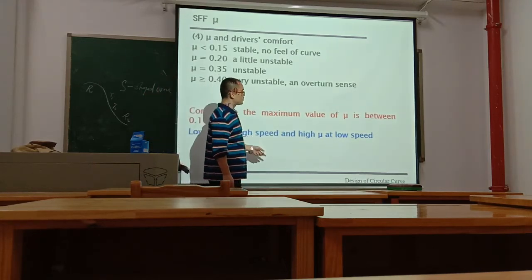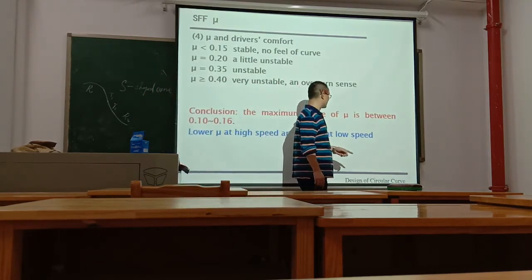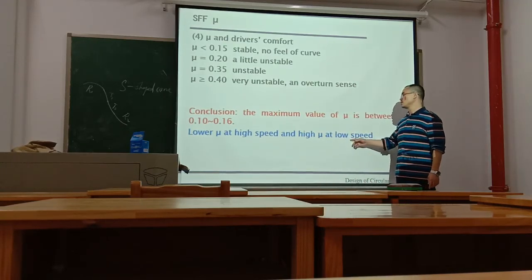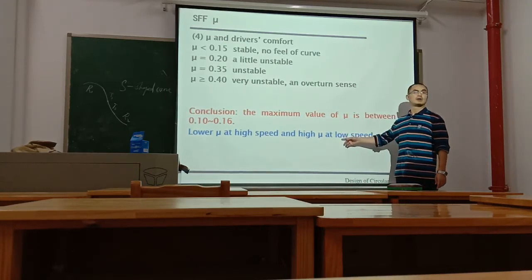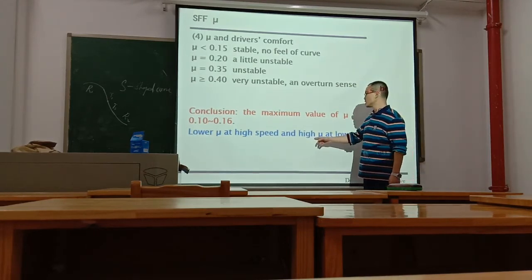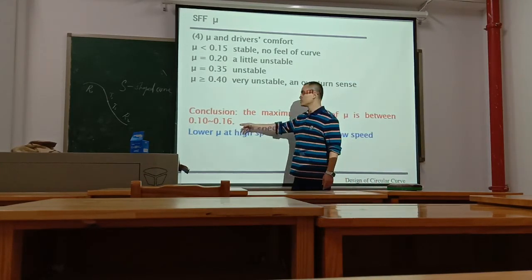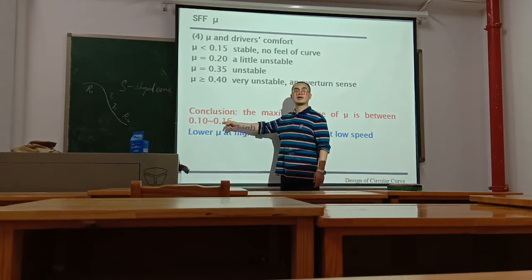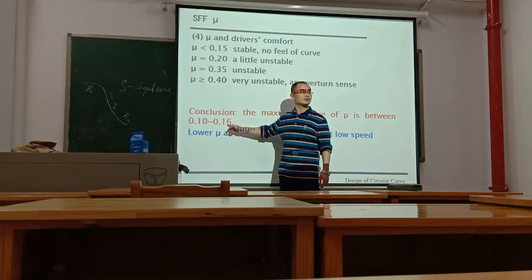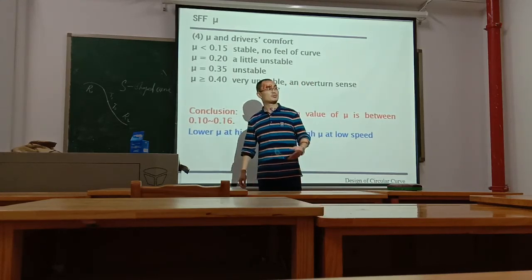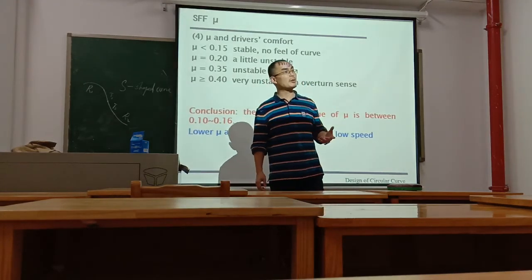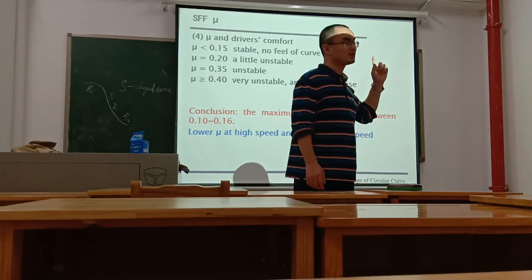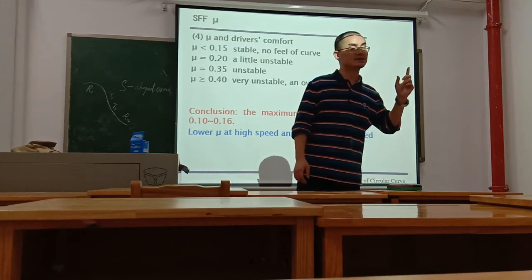If the design speed is low, we use high mu, a value near 0.60. This is the principle to determine mu according to the design speed.